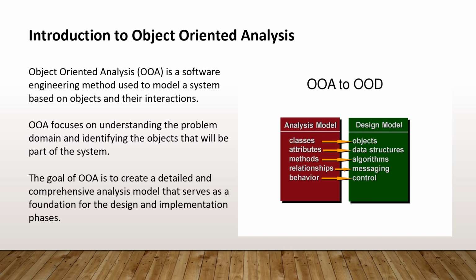The goal is to create a detailed and comprehensive analysis model that serves as a foundation for the design and implementation phases. Analysis model to design model: classes, objects, attributes, data structures, methods, algorithms, relationships, messaging, behavior control.